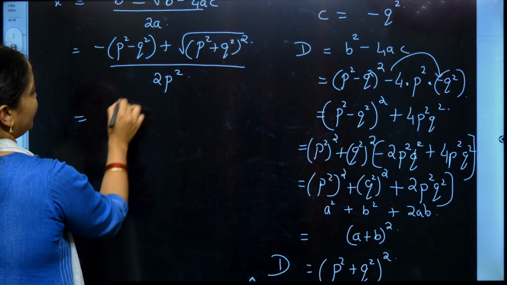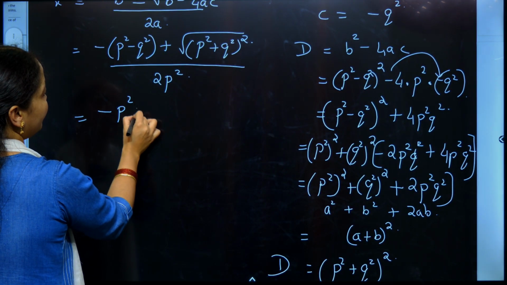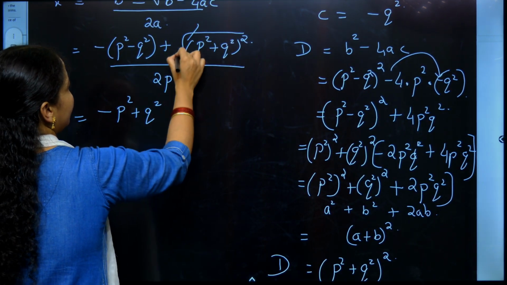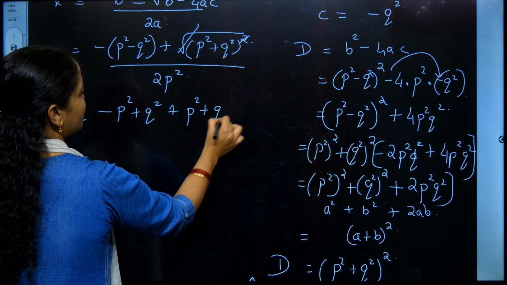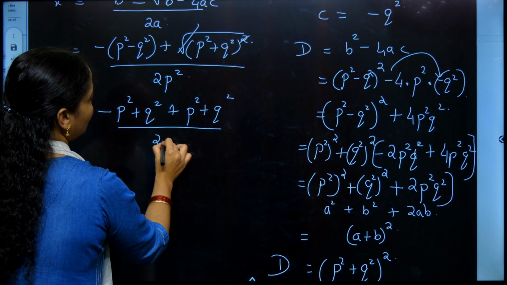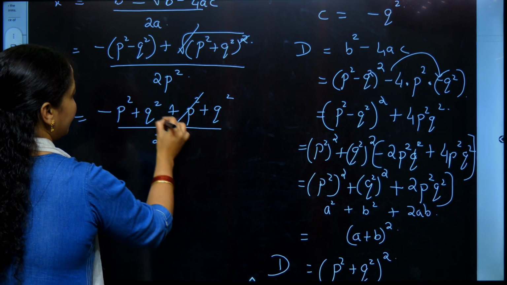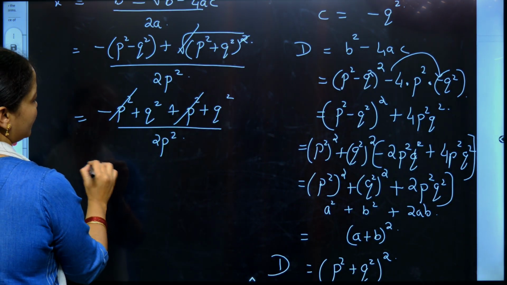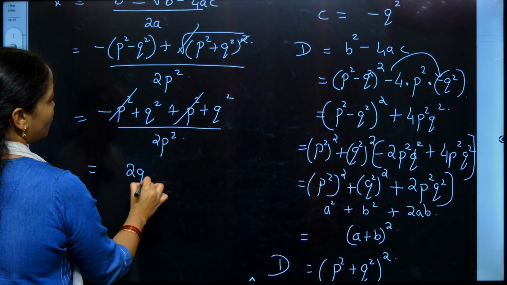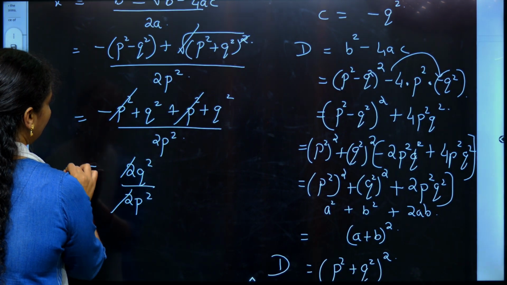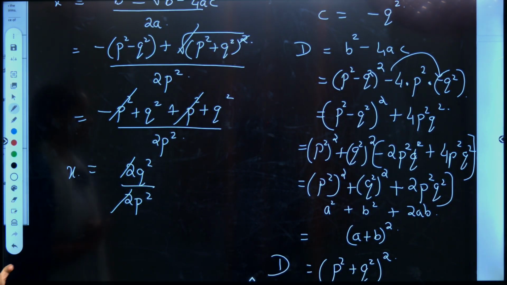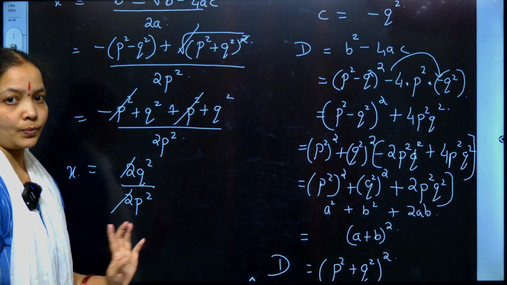So I am opening up the bracket: negative p square plus q square. I can see root and square will get cancelled. So I have plus p square plus q square divided by 2p square. My negative p square and positive p square are gone. 2q square by 2p square, the 2 is gone. So my first x value is q square by p square.